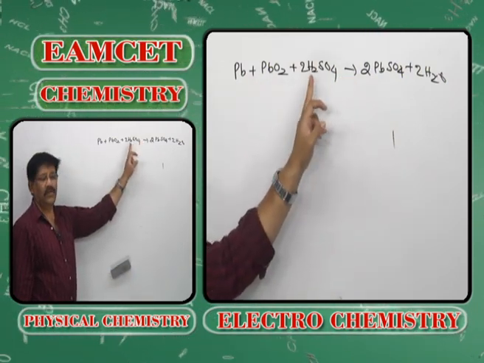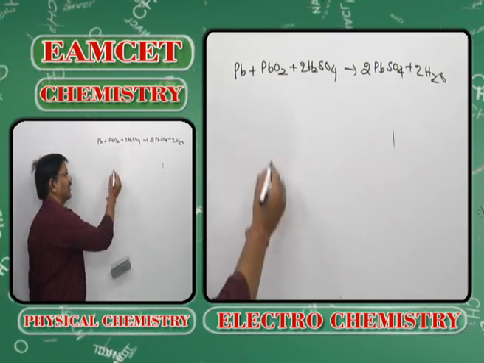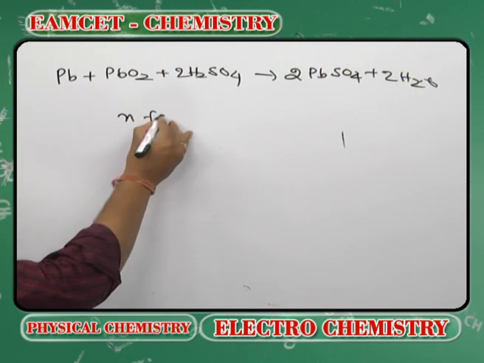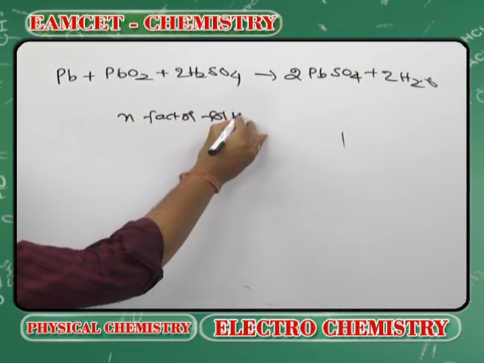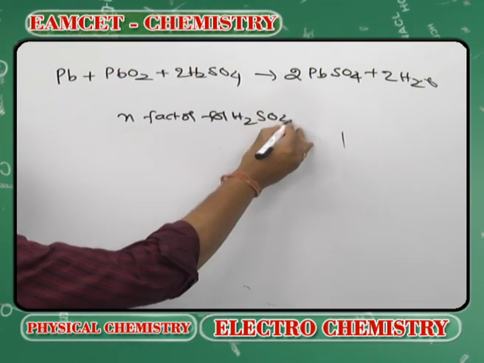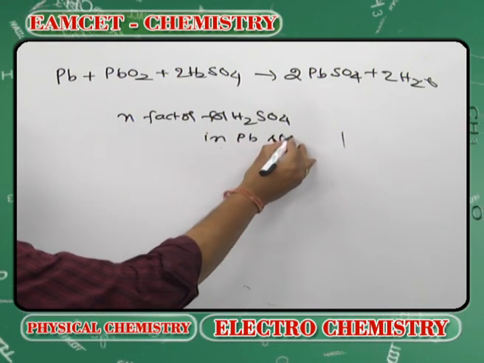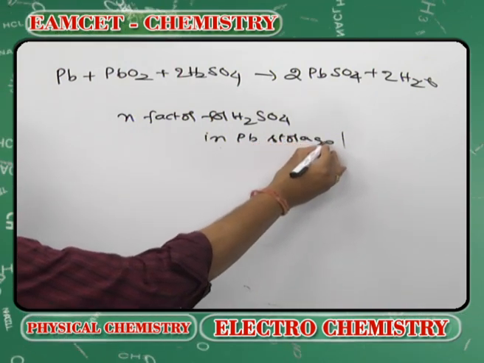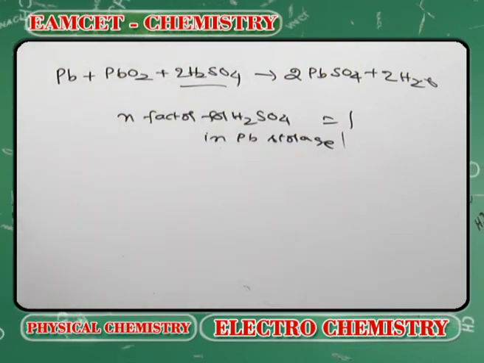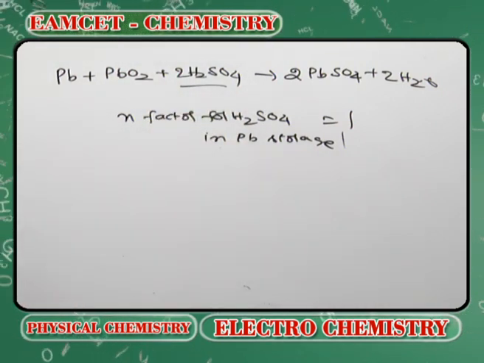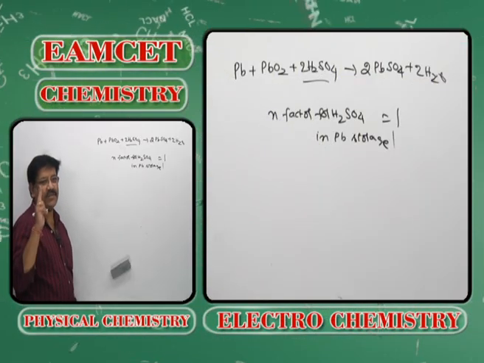So what will be the n factor for sulfuric acid in the lead storage cell? The n factor for sulfuric acid in the lead storage battery will be equal to 1, because for the consumption of 2 moles of sulfuric acid, how many moles of electrons are involved? 2 moles of electrons.